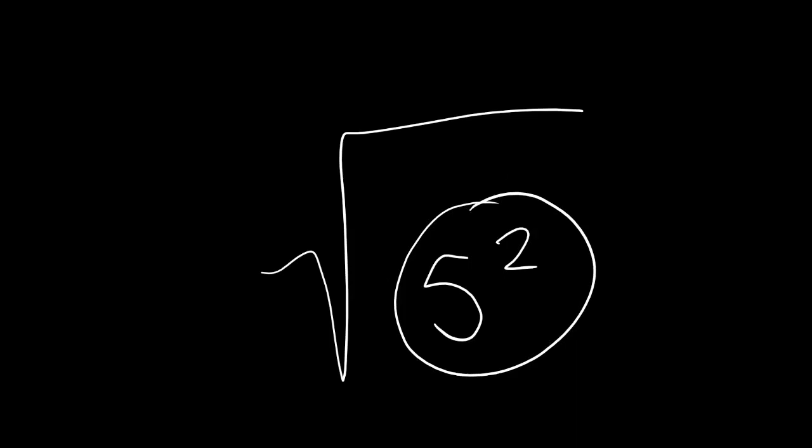Okay, here's another thing. Say we have 5 squared inside our radical sign. What do you think that is equal to? Well, we want to know what number, when squared, equals the number inside, so 5 squared.